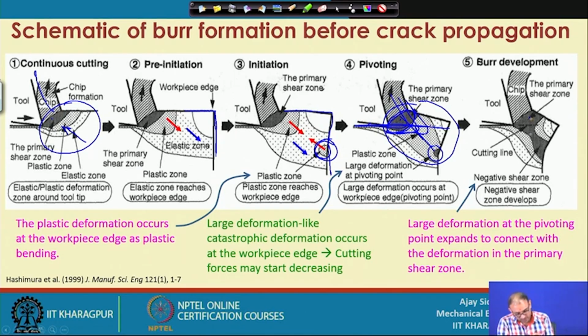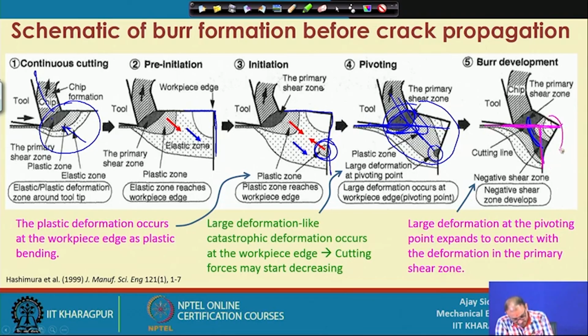At one location both of these will match, and once the matching is over, we can understand how things are different for different materials, the brittle material and the ductile material. So now this is the cutting line. Our objective is to cut the material from this line, to get this workpiece.